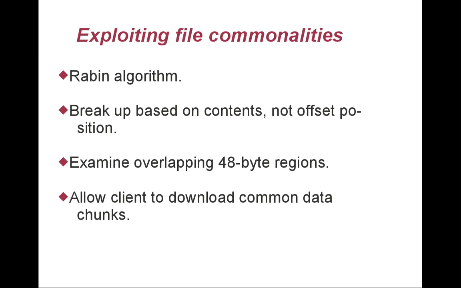To divide a file into chunks, it examines an overlapping 48-byte region, and based on that it decides whether a certain section of the file belongs to one chunk or the other.